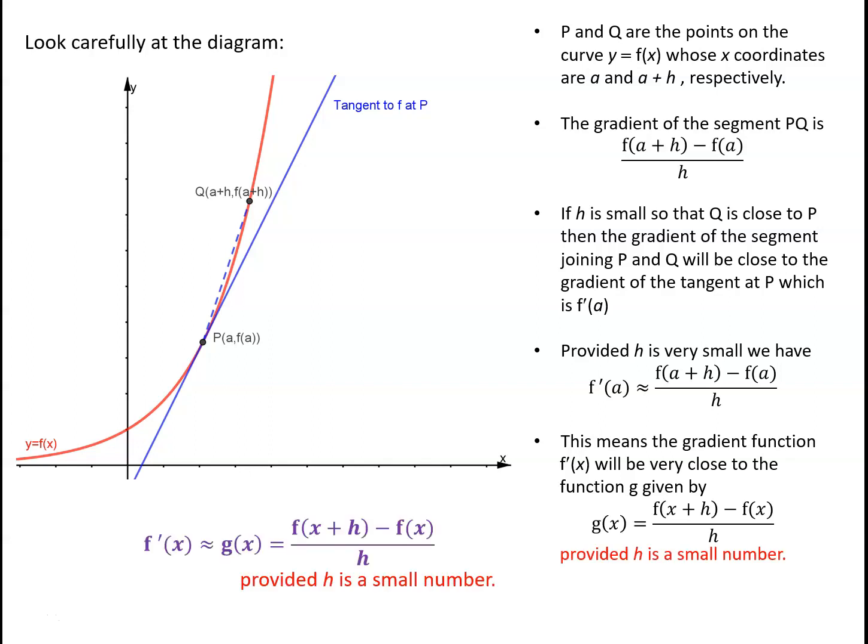So to summarize, we're saying that the gradient function f dash x is approximately equal to the function g of x given by f of x plus h minus f of x divided by h. And that estimate will be good provided h is a nice small number.